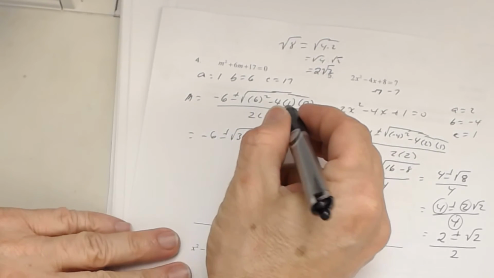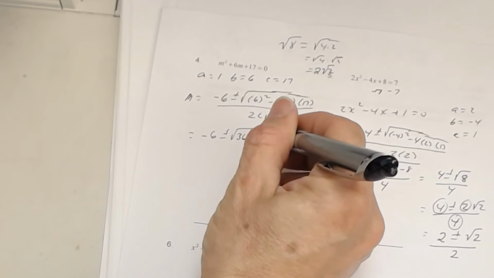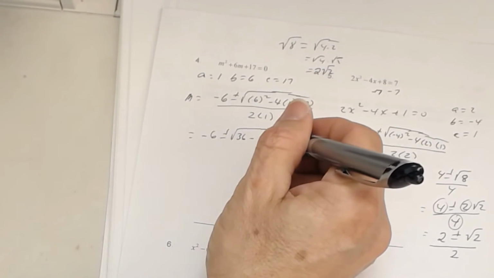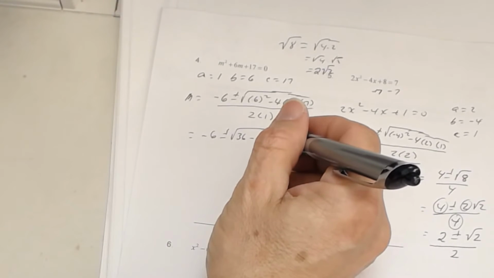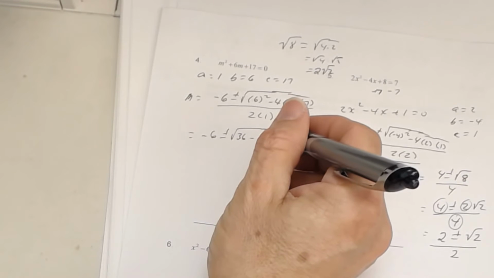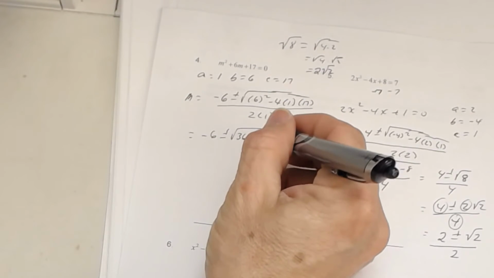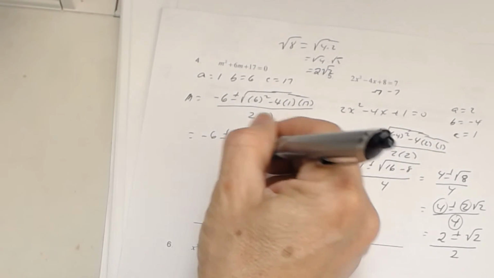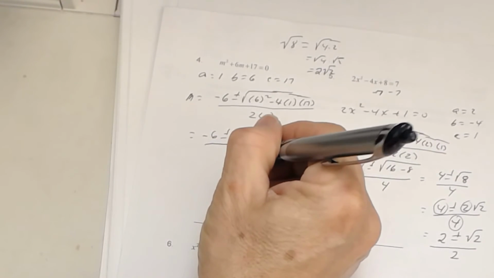Now what's negative 4 times 1 times 17? A negative. What is it? 68. All divided by 2.